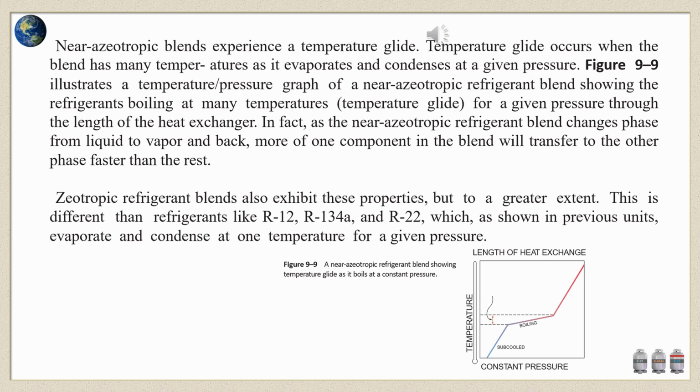In fact, as the near azeotropic refrigerant blend changes phase from liquid to vapor and back, more of one component in the blend will transfer to the other phase faster than the rest. Zeotropic refrigerant blends also exhibit these properties, but to a greater extent. This is different than refrigerants like R12, R134A, and R22, which, as shown in previous units, evaporate and condense at one temperature for a given pressure.